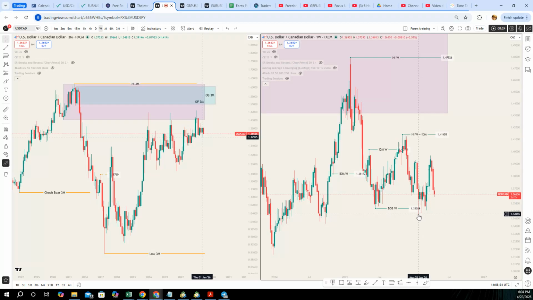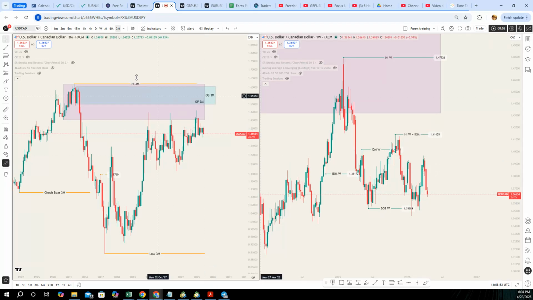So we don't have a set low yet. So we have two scenarios: either the price goes up to hit this high and the inducement, therefore this becomes the low, but then we will be looking for another high, or the price will break this low. That means the inducement will move to this level or lower, whatever the case is, until we find a low. Okay, so this is the story of the weekly.